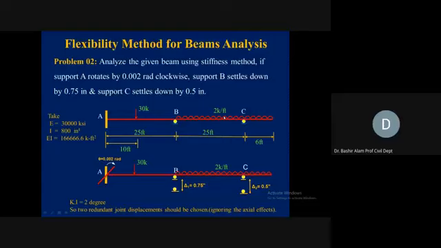Then we have the indirect loading. One is this rotation at A, settlement at B, and settlement at C. So remember, while we are generating the ADL matrix, we will be taking the effect of all these 4 kinds of loadings.